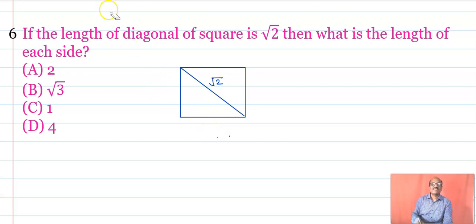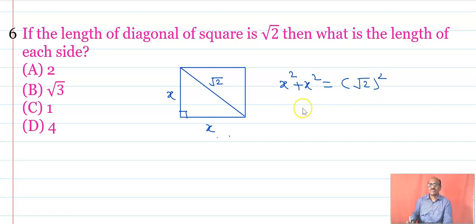and suppose that this side is x, मला ते माहित नाही, स्क्वेअरच्या सर्व साइड्स कशा असतात तर ते सेम असतात. x and x, then what you will get? इथे 90 असणार आहे, x square plus x square, and it's a diagonal square, means what? Root 2 square, x square plus x square, you will get 2x square, root 2 चा square किती येणार इथे?